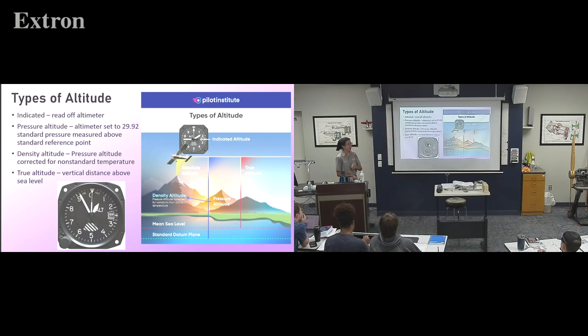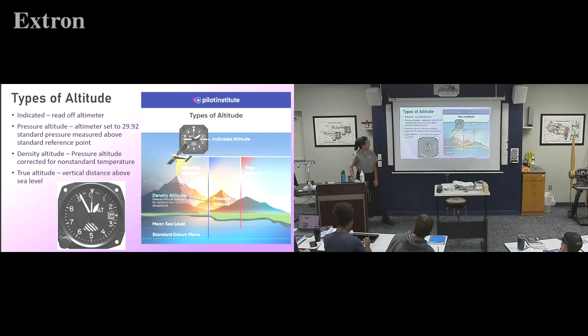Corrected for non-standard temperature. Why would temperature be a factor when we're thinking about altitudes in flight? And it affects density. So density altitude I think of as what the airplane feels like it's flying at.